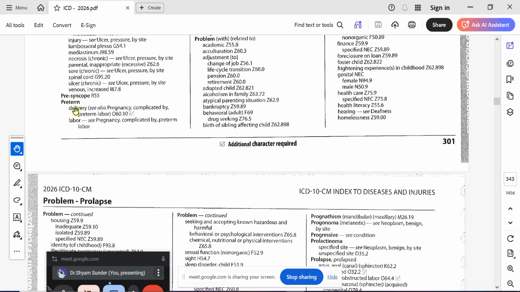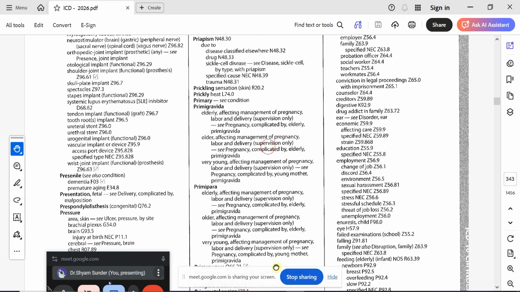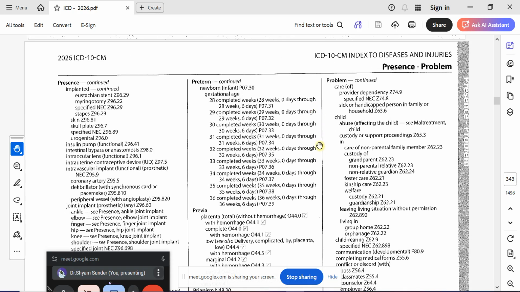Here, preterm. We are talking about newborn. Preterm newborn, gestational age, from 28 weeks onwards up to 36 weeks. So 30 weeks is P07.33.